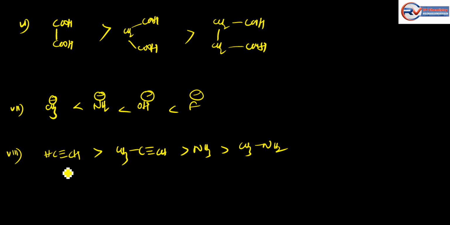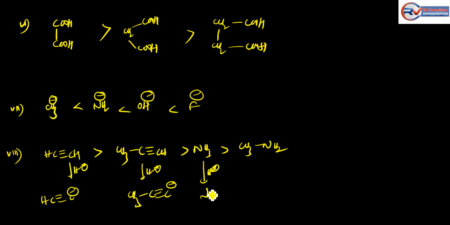In this situation, it loses the proton and becomes CH3C triple bond C minus. Methylamine loses the proton and becomes NH2 minus.